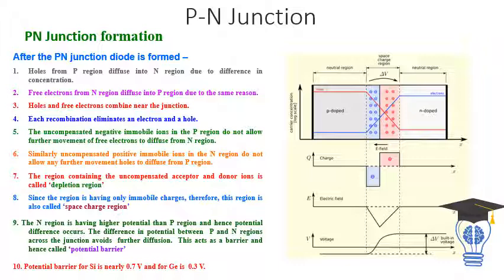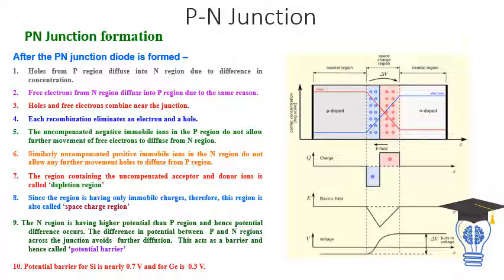Similarly, uncompensated positive ions in the n region do not allow any further movement of holes from the p region. So this region, which creates a barrier, is called the depletion region.